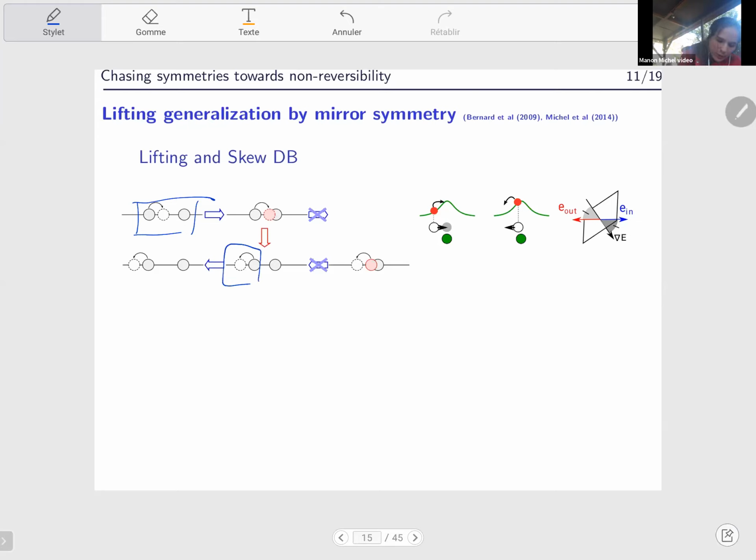If I look in terms of energy, I propose a state with a certain change in energy, and if I'm rejected, then I go back. So here I have a skew detailed balance in terms of energy between my proposition of increasing the energy and the decrease I will have if I go back because I'm rejected.